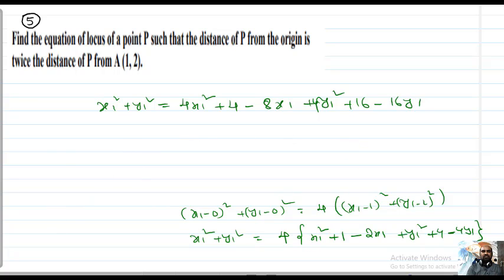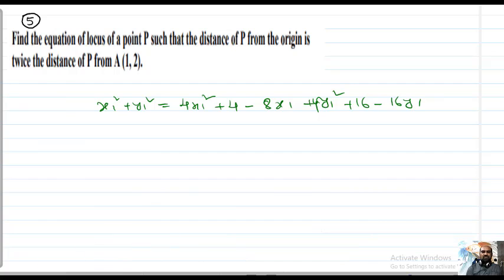So observe students, transfer these two terms to the right hand side. 3x1 square plus 3y1 square minus 8x1 minus 16y1, what is here? 16 plus 4, that is 20, equal to 0. Now I want to write the required locus.